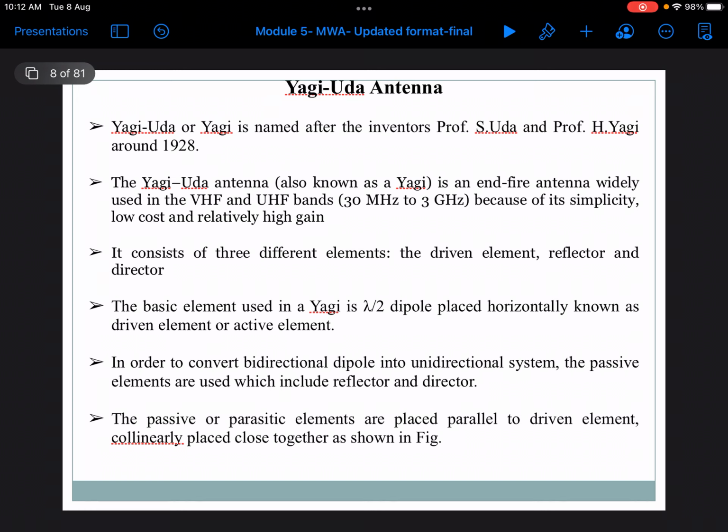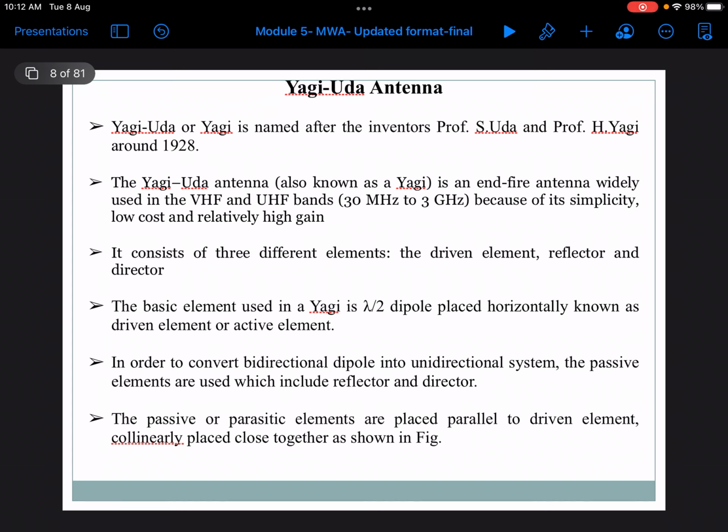The basic driven element, which is placed horizontally, is known as the active element. Usually it is of length lambda by 2, indicating half wavelength.